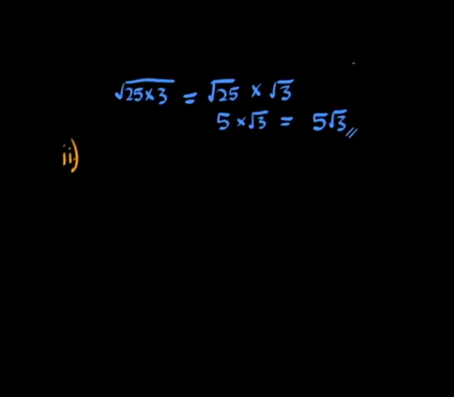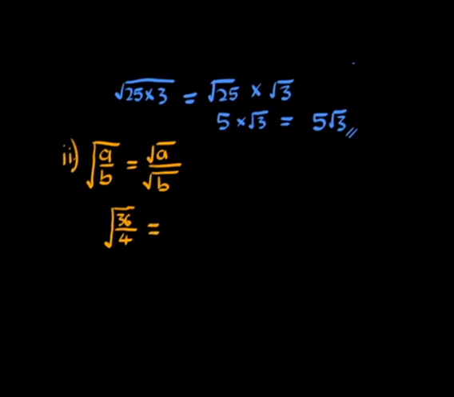Now, if we are given the root of A over B, what this would give us is root A divided by root B. An example: you could be asked to evaluate the root of 36 divided by 4.